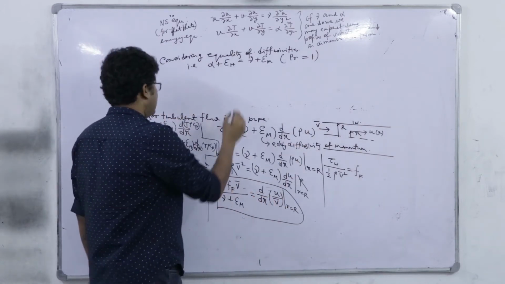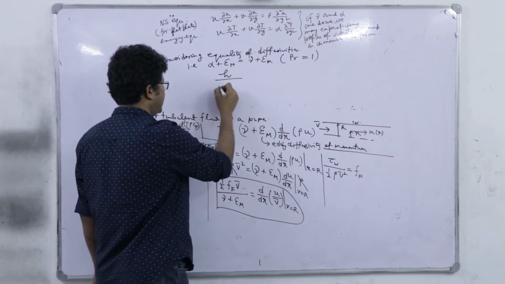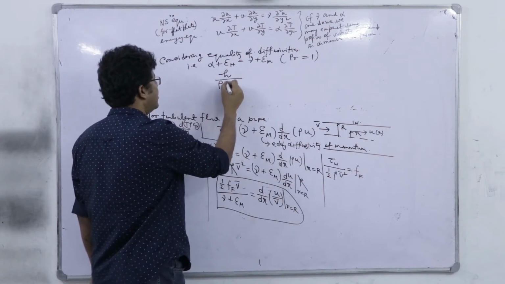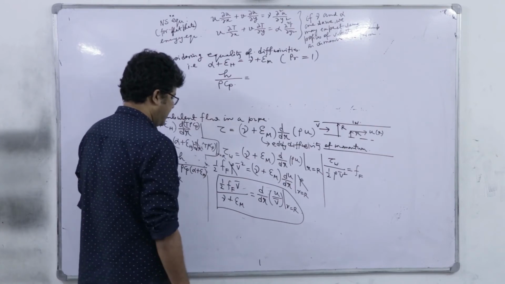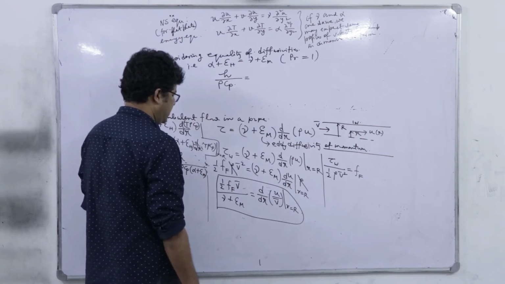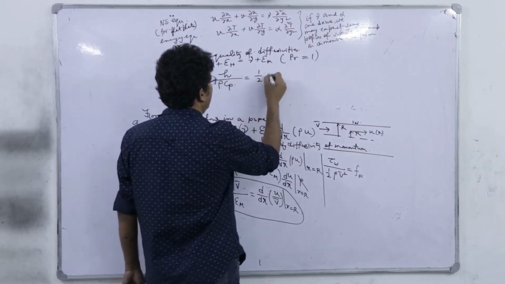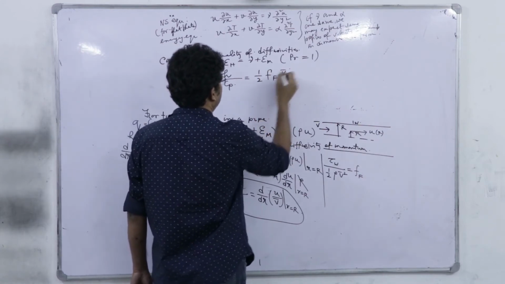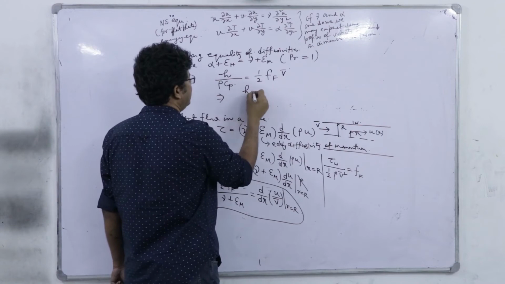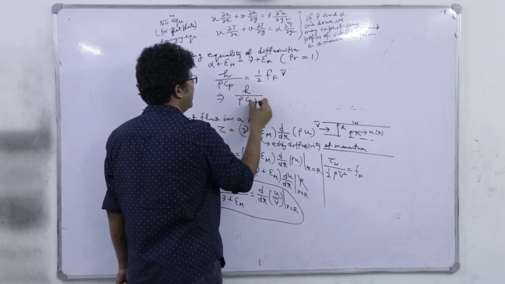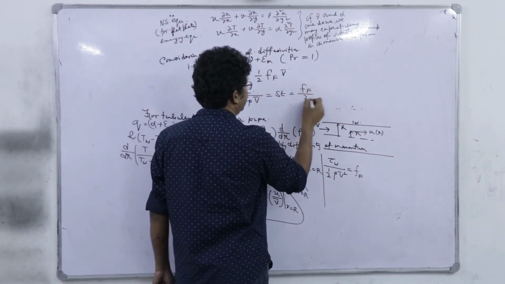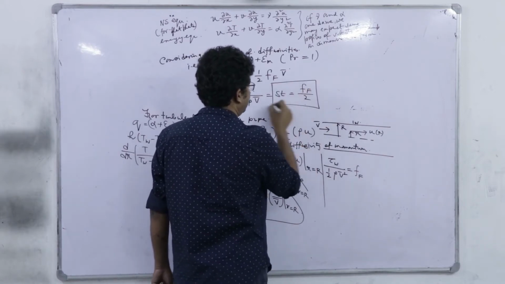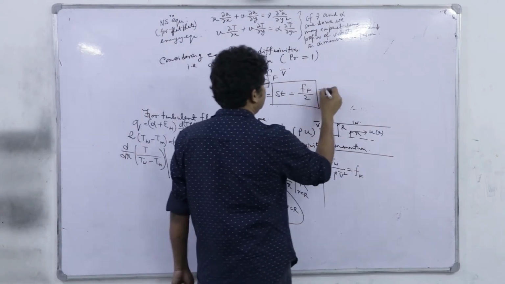Okay. So, what did he get? h divided by rho Cp is equal to half Ff into V bar. So, h divided by rho Cp V bar, which is the Stanton number, is equal to Fanning's friction factor divided by 2, and that was the Reynolds analogy.